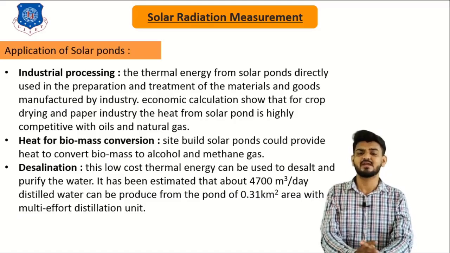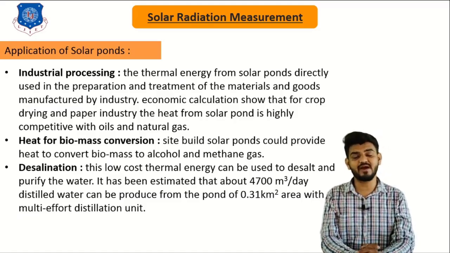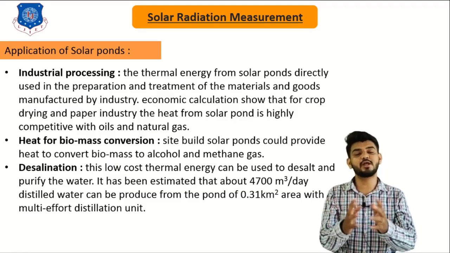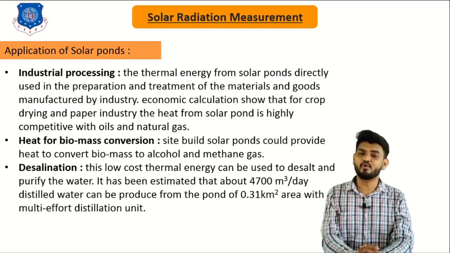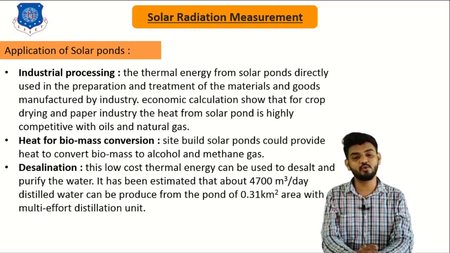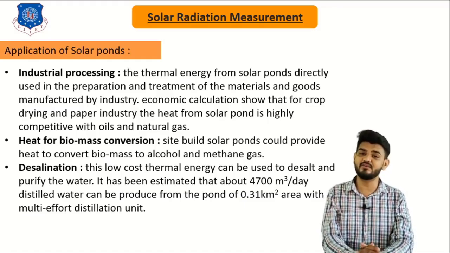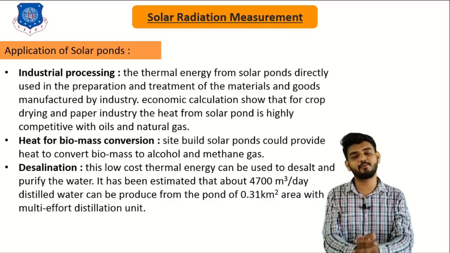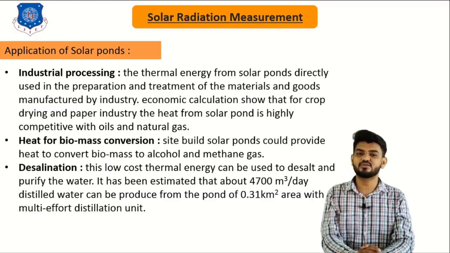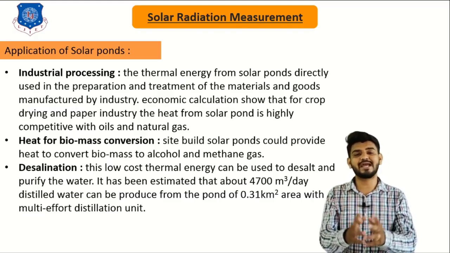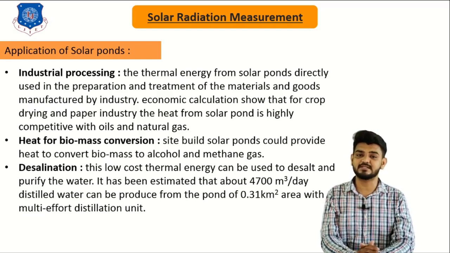So by using desalination, we can purify water by utilizing solar ponds. Around 4,700 meter cube per day of distilled water can be produced with 0.31 meter cube of solar pond area. So this was all about the solar pond and storage of solar energy.